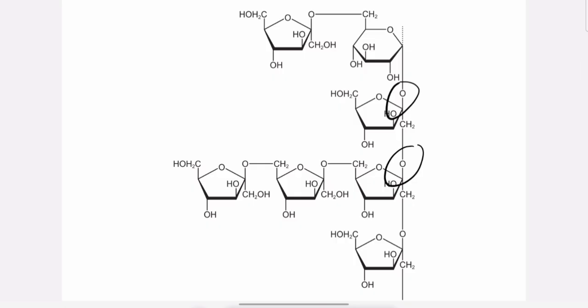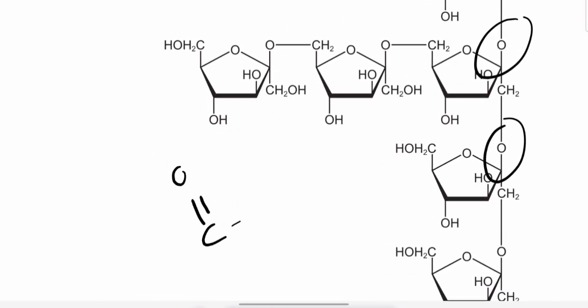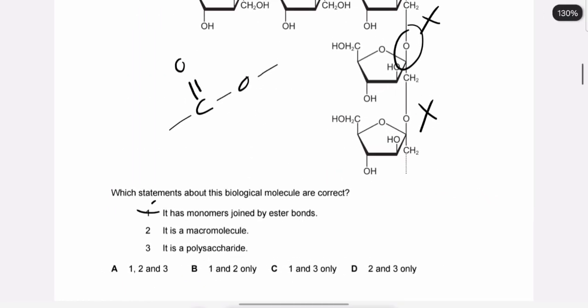Can we call these ester bonds? Because ester bonds should show something like this, and we don't see it here. So that means number 1 here is wrong. So then we can move straight to the answers and cross out every answer with 1 on it. That's C, B, A, and our answer automatically becomes D.